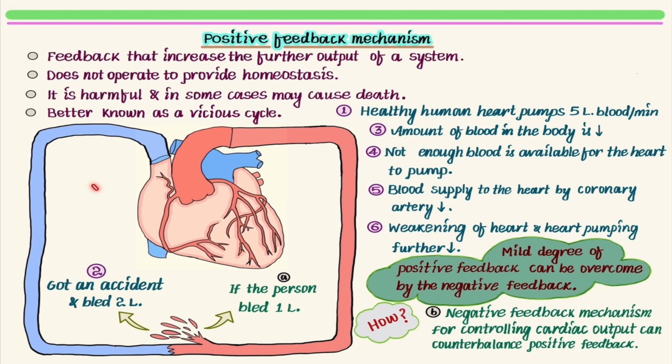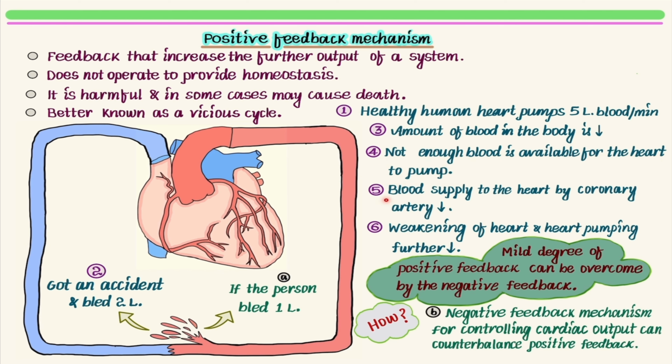Let's see the example. A healthy human heart pumps 5 liters of blood per minute in the general circulation of the body. If a person has an accident and bleeds 2 liters of blood, then the amount of blood in the body decreases to such a low level that not enough blood is available for the heart to pump effectively.